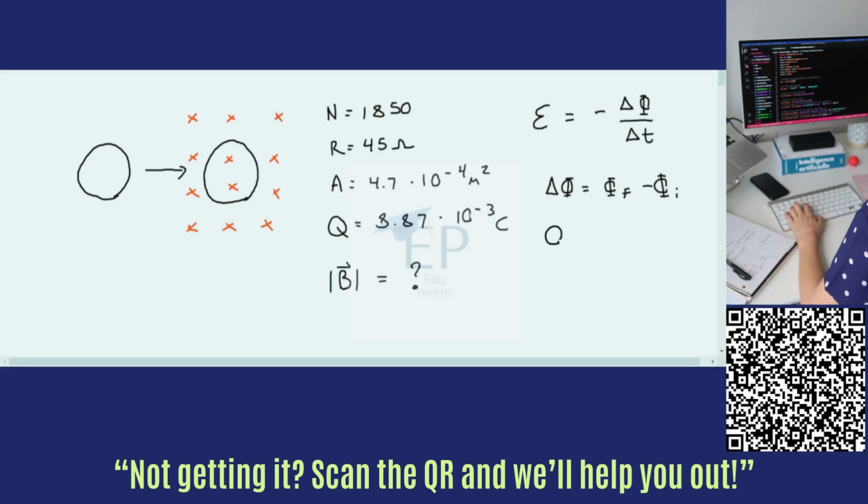And we can recall that the magnetic flux for a constant uniform magnetic field is just going to be B times A times the cosine of the angle between the magnetic field and the surface normal of our flat loop here. And in this case, that angle is just going to be 0 since they're parallel. So the flux is just BA for this example.